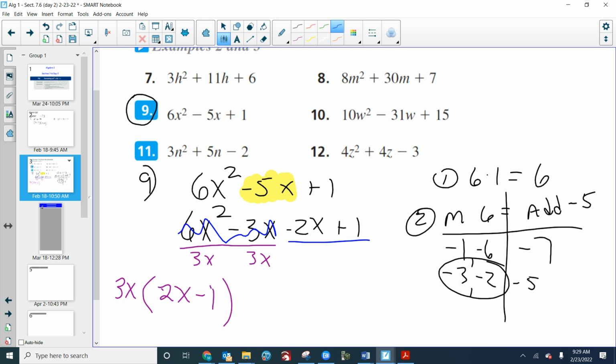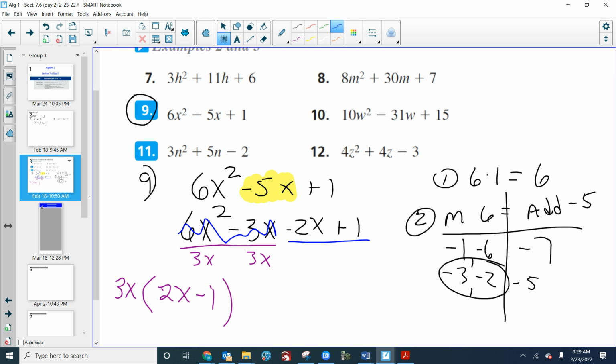Look at negative 2x plus 1. What can I take out of it? Do they both have an x term? Okay. Guys, most of the time, if you haven't seen the pattern yet, when we group factor these, the first term we take out, the GCF, is going to have a variable with it.